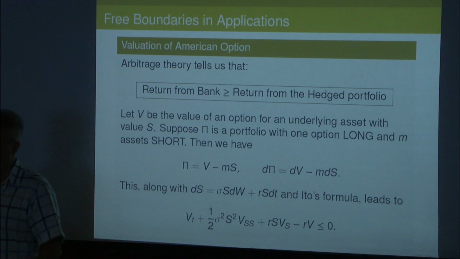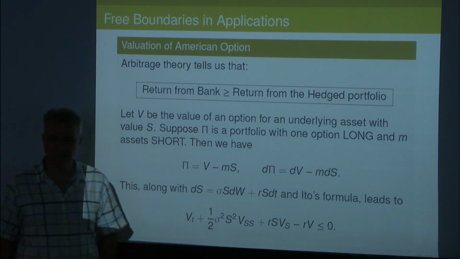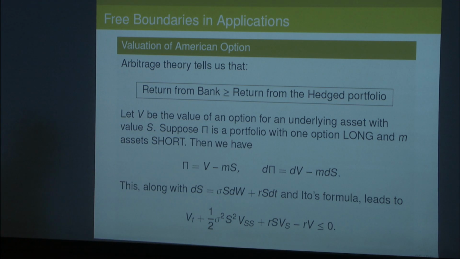So from an ODE flow of x, the value of the stock follows an ODE. It gives you a second order PDE for the value of the option. So this is what you get.